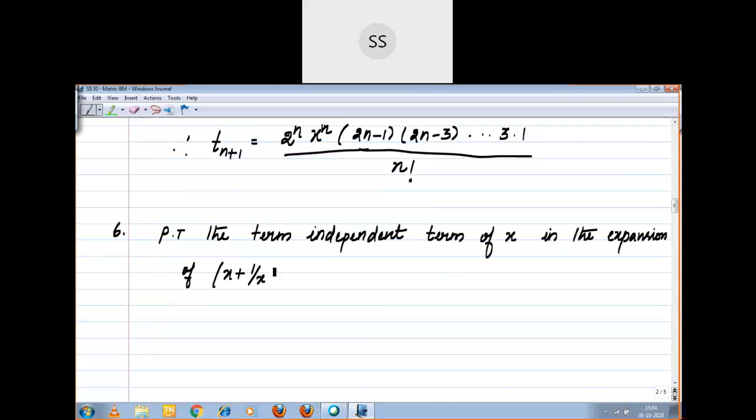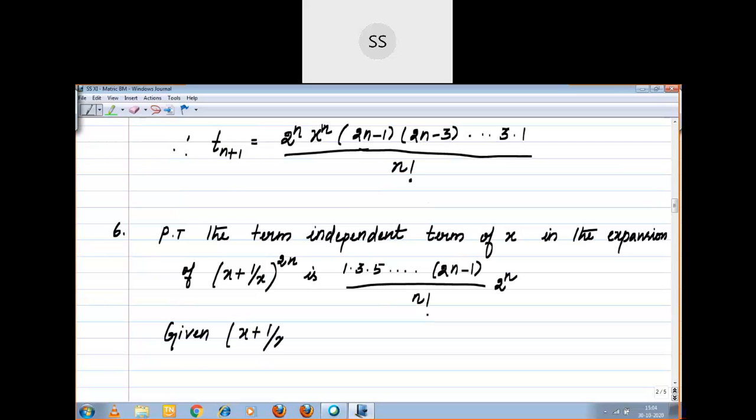Independent term of x in the expansion of x plus 1 by x, the whole power 2n, is 1 into 3 into 5, etc. 2n minus 1 divided by n factorial into 2 to the power n.